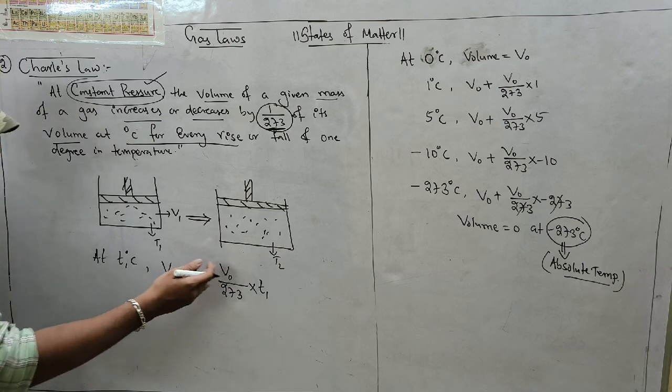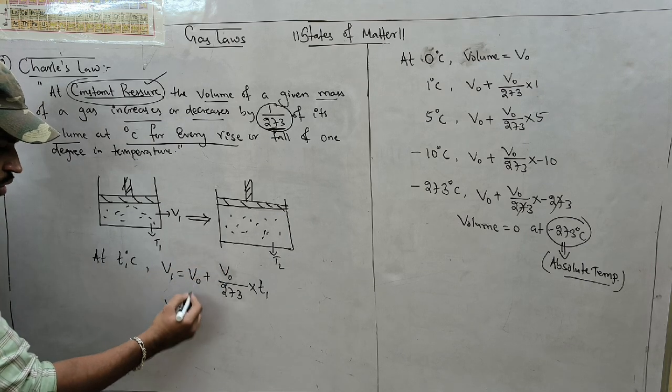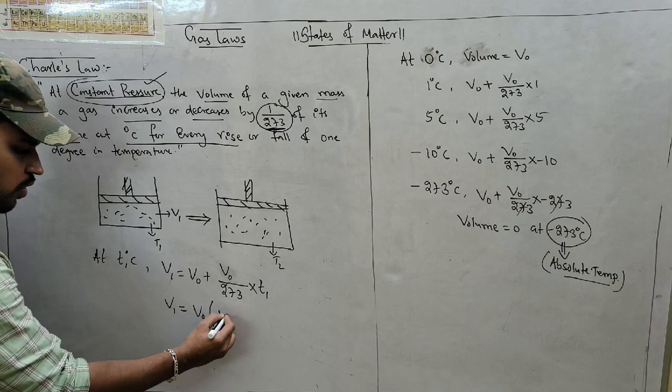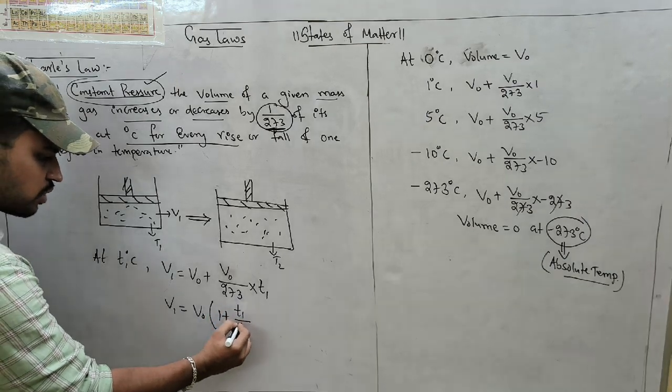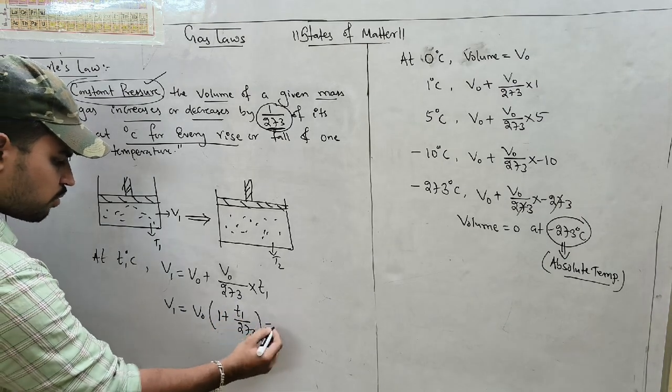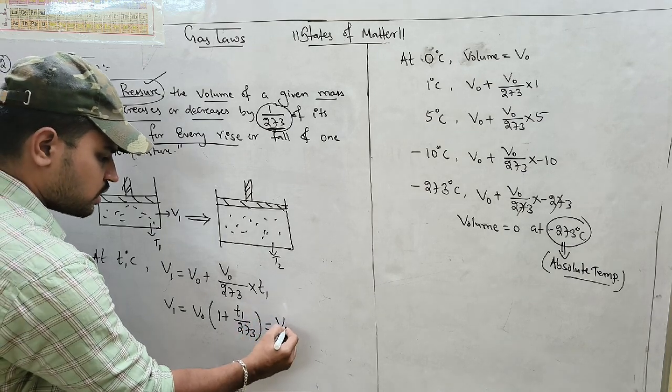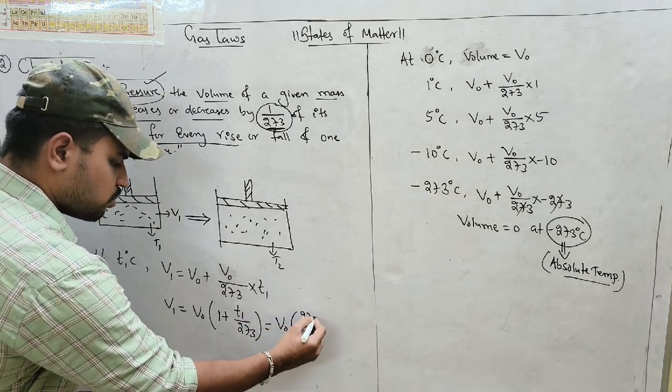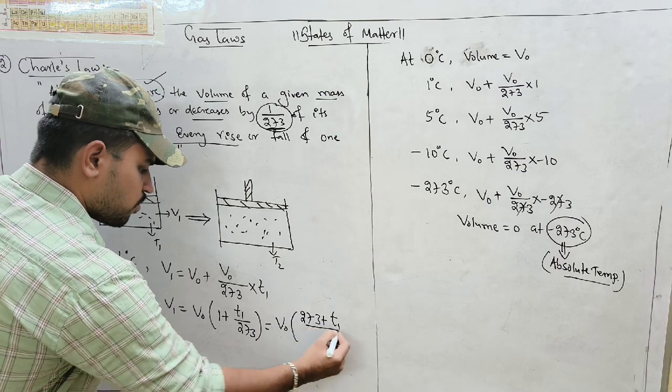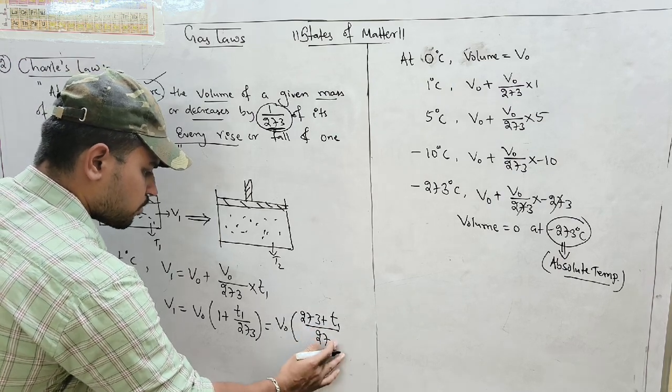Or similarly, if you take V0 common, V1 is equal to V0 into 1 plus T1 by 273. So it can be solved as V0 into 273 plus T1 by 273.